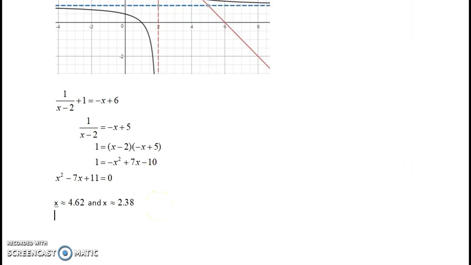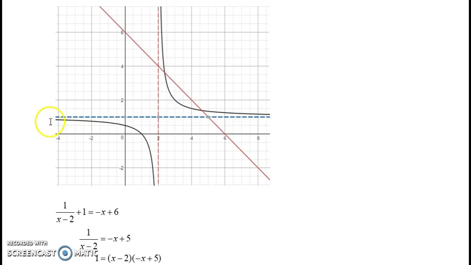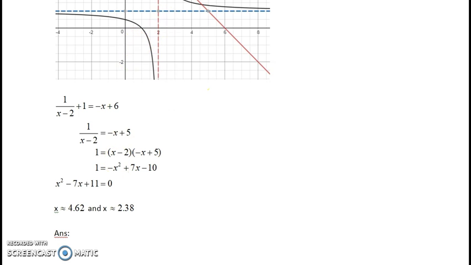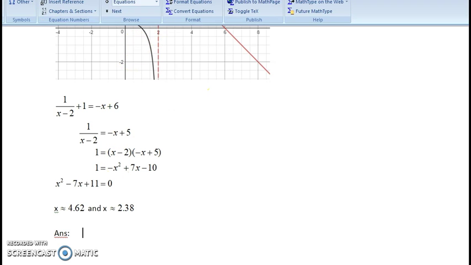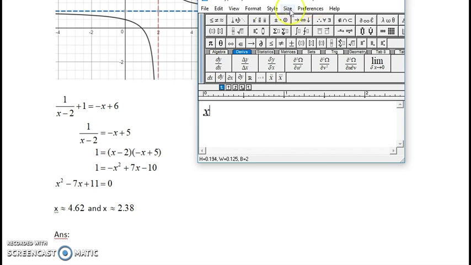I found those two intersection points, which means that the final answer, like we said, is all of this entire branch here from negative infinity until the asymptote, and then from intersection point to intersection point. So I would write that as x is an element of negative infinity until the asymptote, which in this case was 2, union.